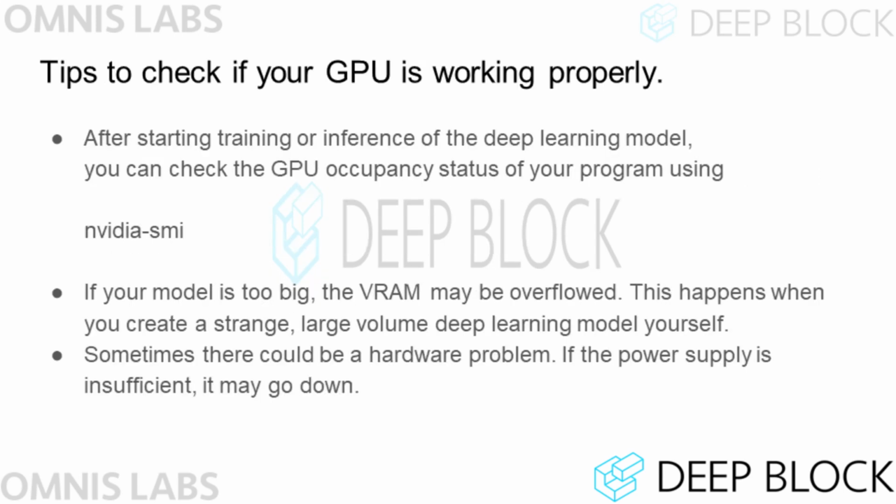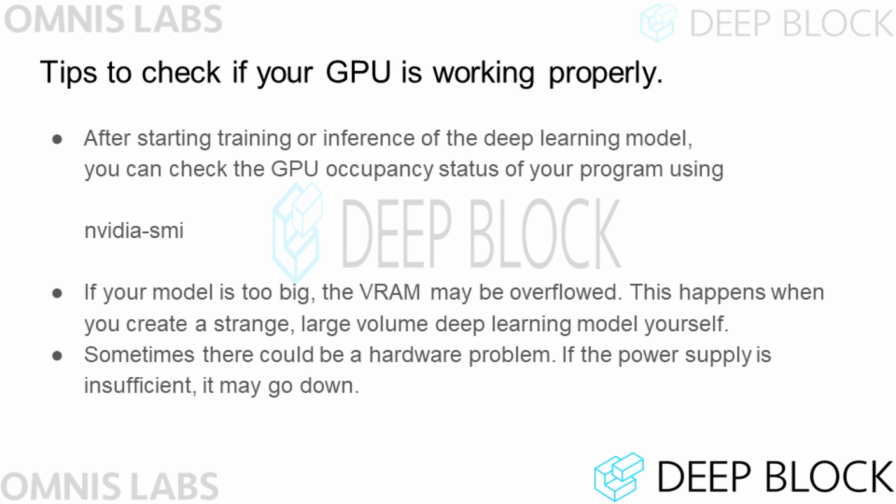You can also utilize a command called nvidia-smi to verify that the GPU device is working when training a deep learning model or performing inference using the GPU device. If you install the NVIDIA graphics driver in Ubuntu, this program is also installed.